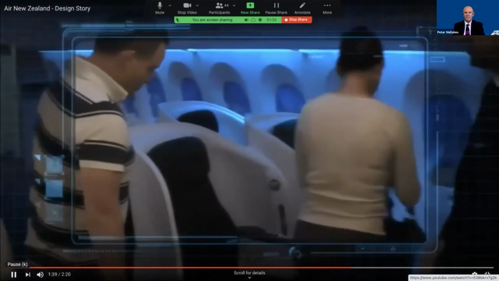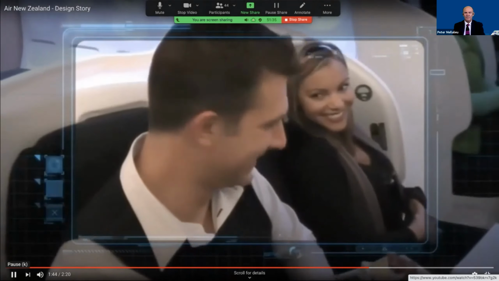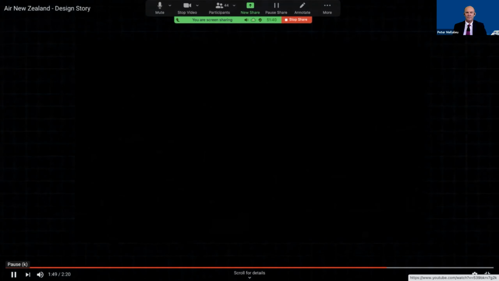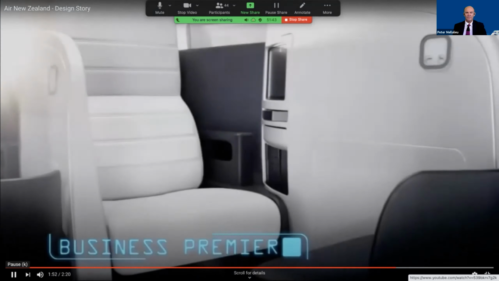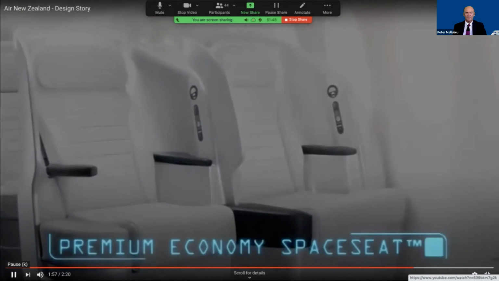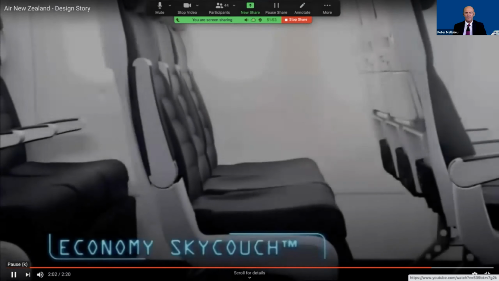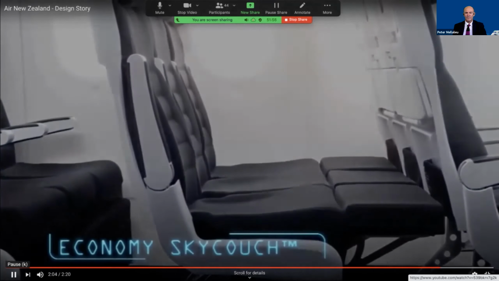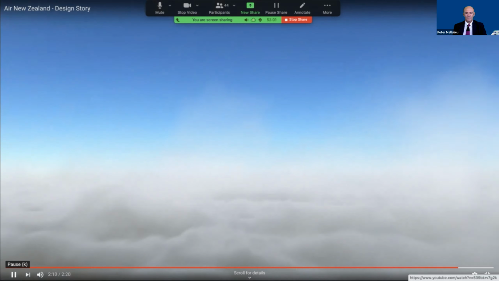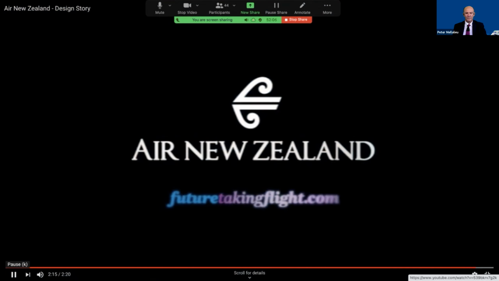Actors and staff were brought in to stage a simulation flight that put the new seats, menus, and entertainment to the test. Three years have produced a unique and stunning new long-haul experience. The best in the world. But for us, this journey is by no means over. In fact, it's just begun.